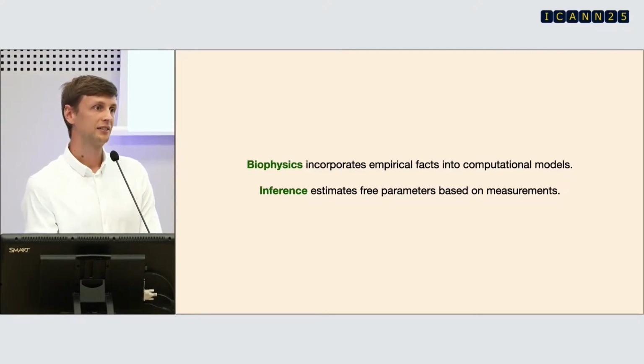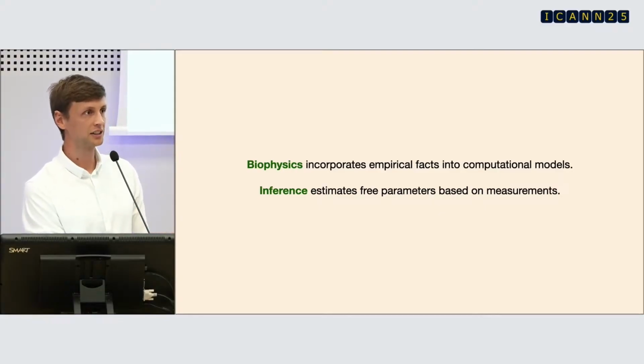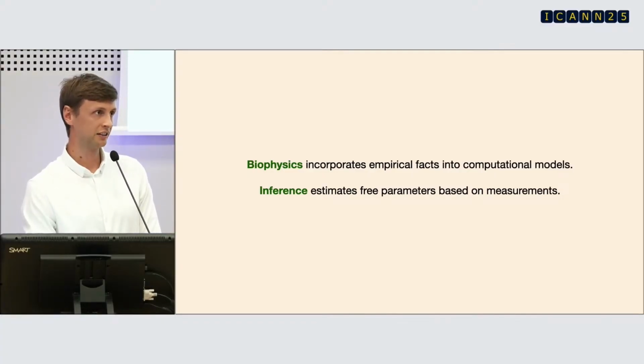And inference allows us to then infer the free parameters from additional recordings of neural activity, or such that the system performs a computational task. And taken together, I hope that this will lead to a new generation of models in neuroscience that are actually plausible in a biological way, but also perform tasks as machine learning models do now.